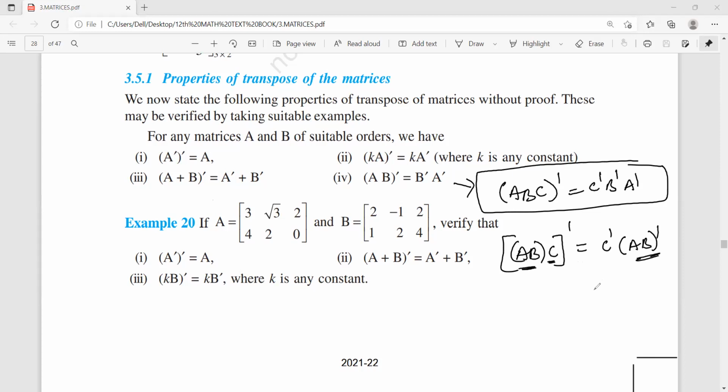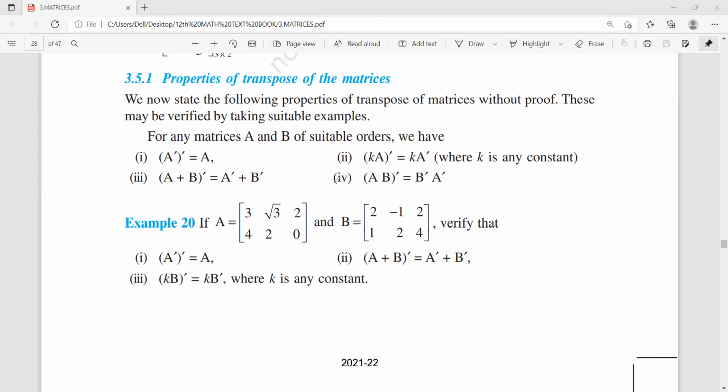Here the whole AB is considered one matrix. Then (AB) transpose is B transpose, A transpose. Is that clear?